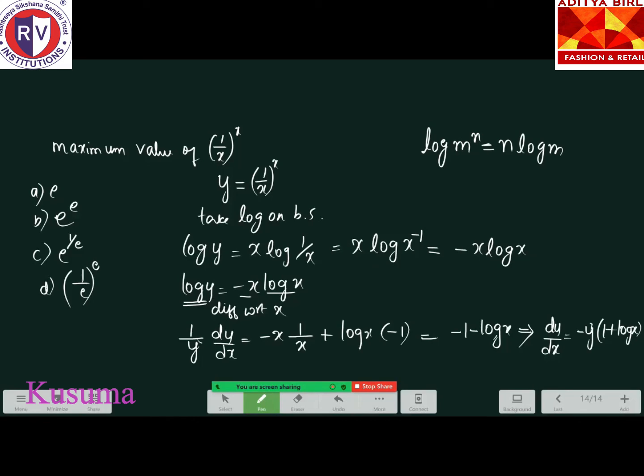Okay. Now let us equate this dy by dx to 0 because we need the critical points, the stationary points. For stationary points we have to equate dy by dx to 0. dy by dx is equal to 0 for stationary points.